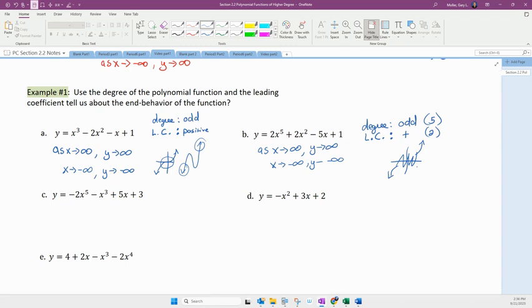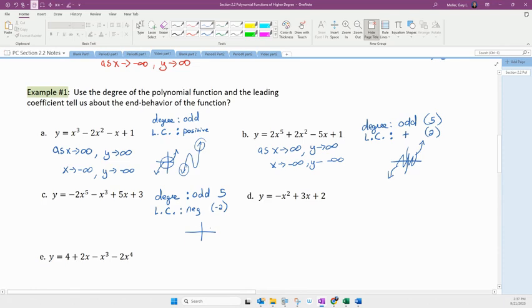Okay, next up, now my degree is odd still. It's 5 still. And now my leading coefficient in this case is what? -2. So the leading coefficient is negative. So now I know this graph is going to be reflected of what I would expect.